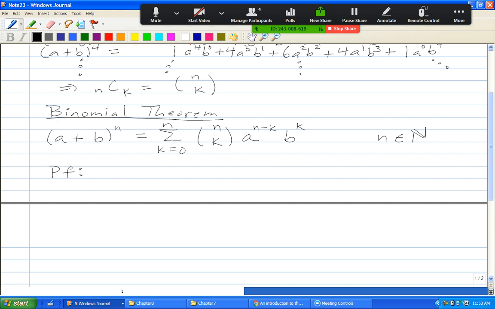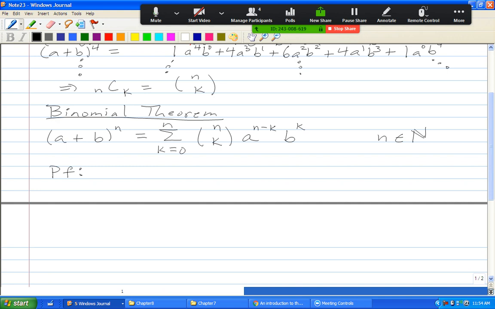We can either assume that a and b are never 0, or if a is 0 or if b is 0, then 0 to the power 0 is either 0 or 1, however you want to choose it, so it makes the formula correct. So either assume that a and b are not 0, or you have to make some sort of weird assumption on what the notation means.